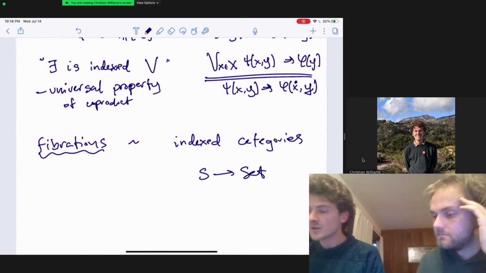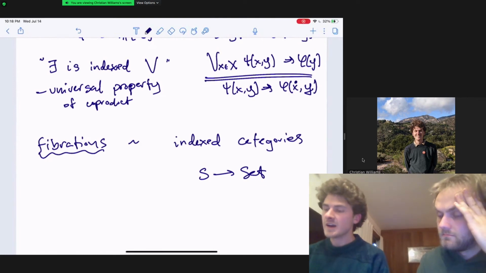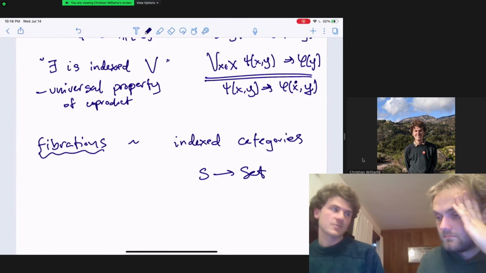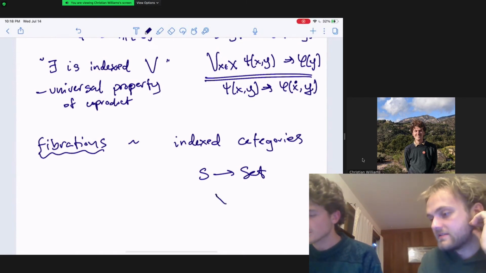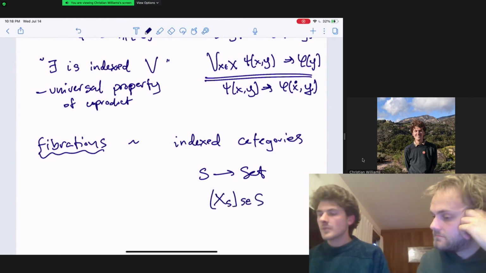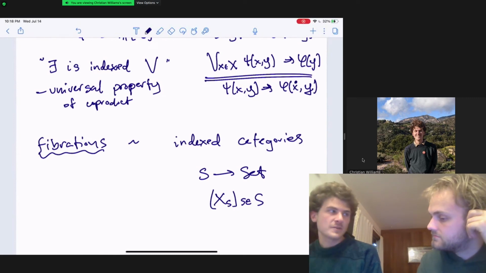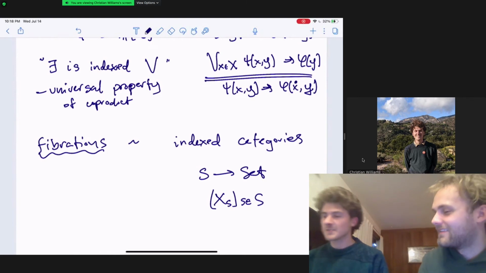One way of thinking about an indexed set is just a function from a set S to the whole category of sets. So for each element of S, I'm getting a set. But that's kind of weird, because you're thinking about a function from a set to a gigantic class. It's kind of a weird artificial thing.